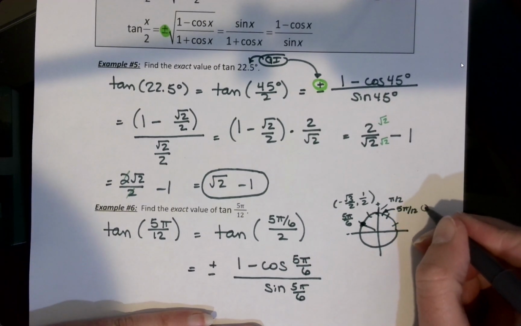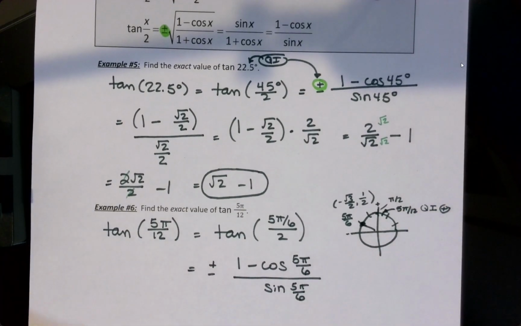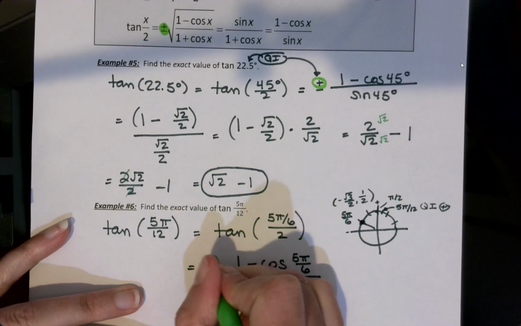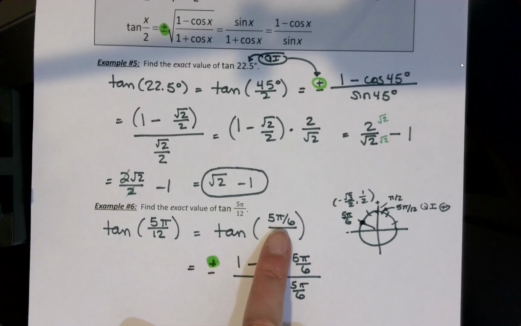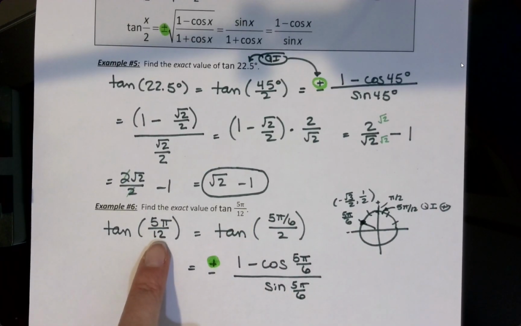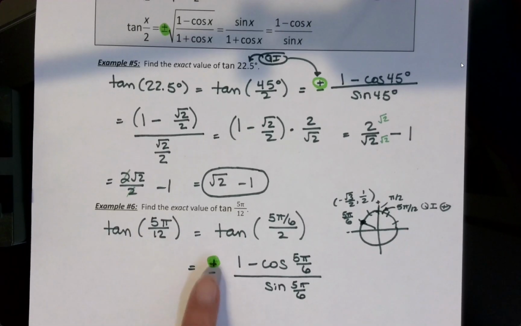And that angle is going to be in quadrant 1. So once again, the angle needs to have a positive tangent value because it's in quadrant 1. The larger angle is in quadrant 2, but the angle that we're trying to find the tangent of is in quadrant 1, so the result needs to be a positive.